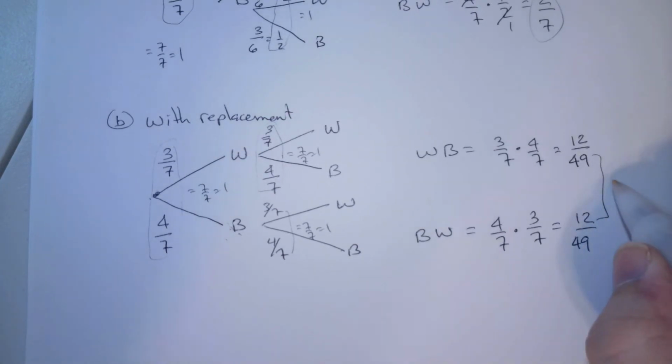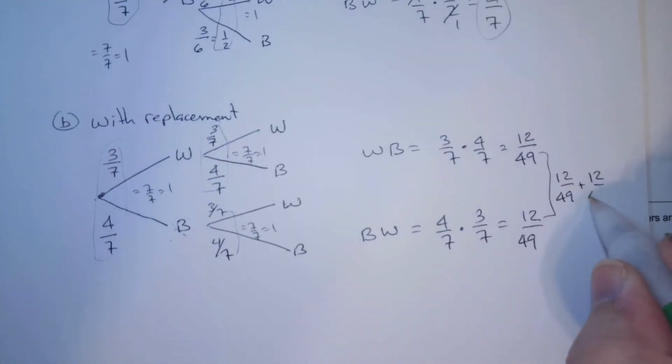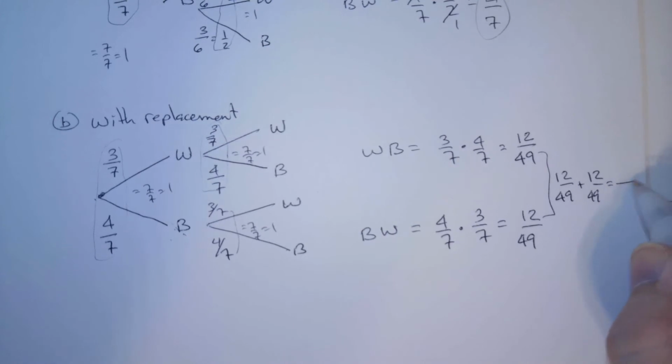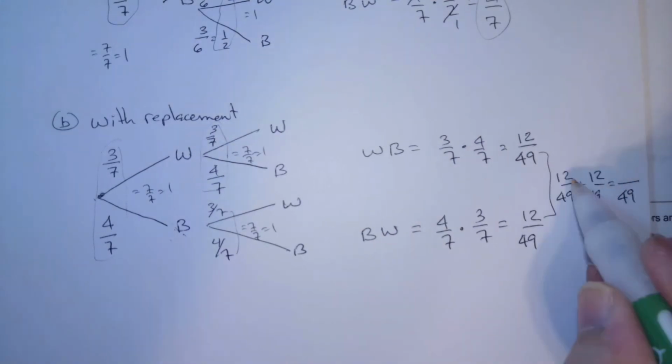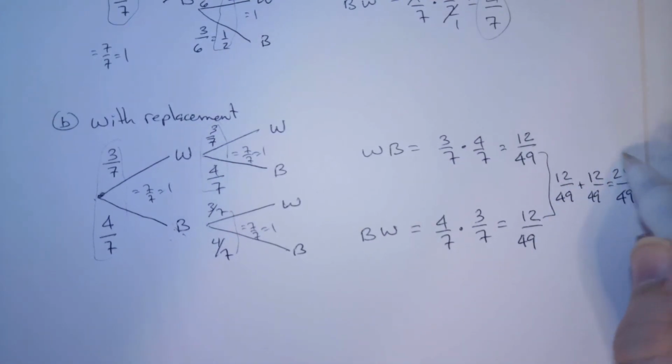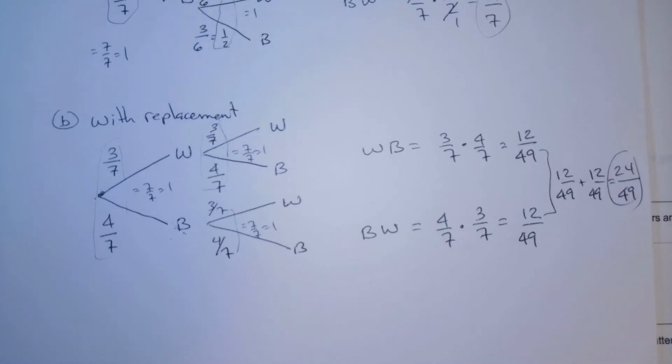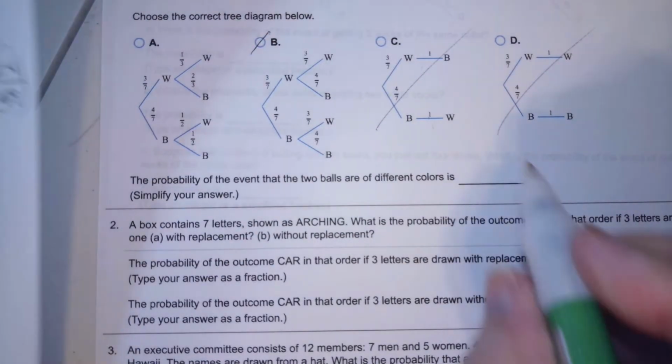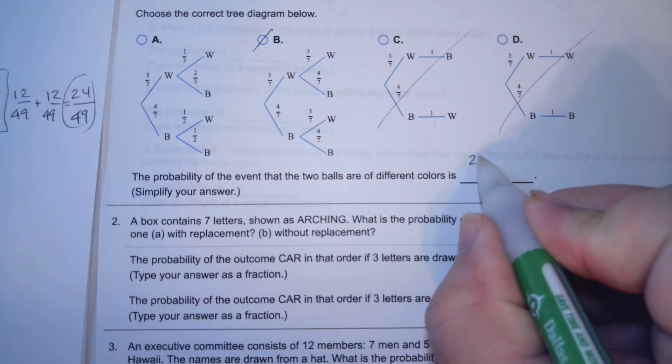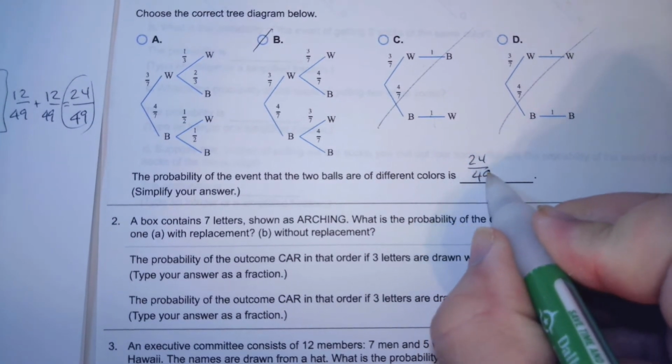Since these are our two possibilities, we add the two. We have a common denominator, which is 49. 12 plus 12 is 24. So that answer is 24 over 49.